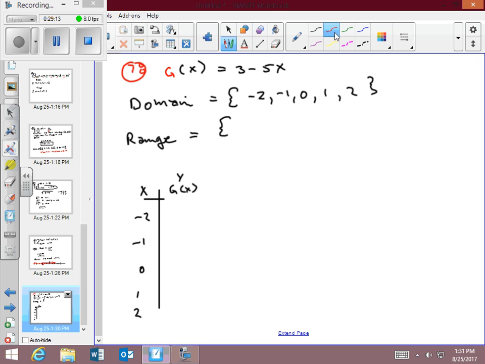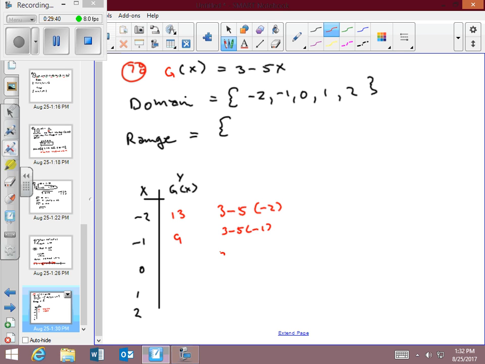So you take the minus 2, put it into 3 minus 5 times a minus 2. And that's going to get you 3 plus 10, 13. Then put 3 minus 5 times a minus 1, and that's going to be 3 plus 5, which is 8.